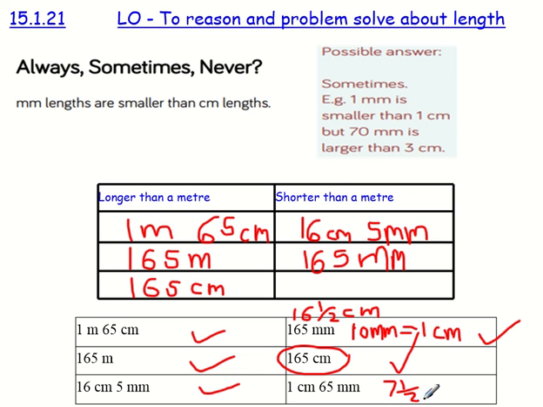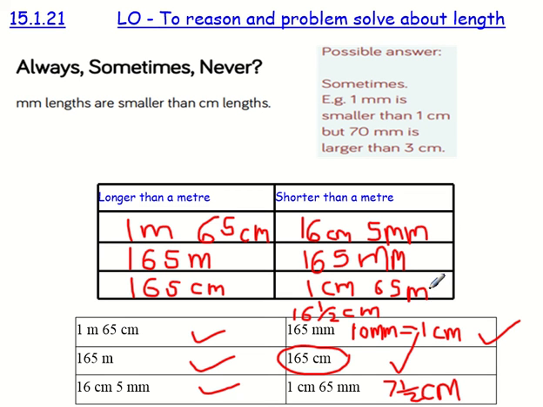Now, we know this now. How many centimetres are there in a metre? 100. I can hear you from here. 100 in a metre, and we've only got 7.5. So is that longer than a metre or shorter than a metre? It is shorter than a metre. So 1 centimetre and 65 millimetres goes into shorter than a metre, that side of our table.